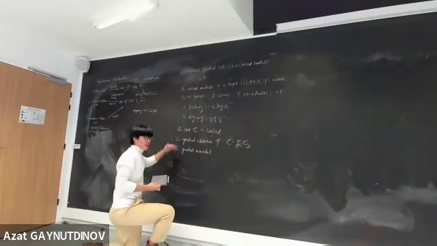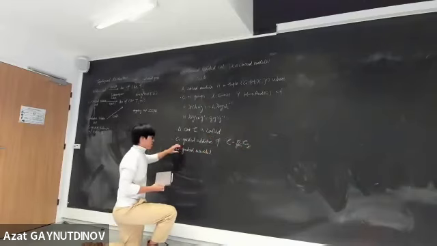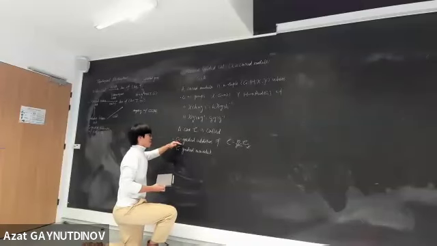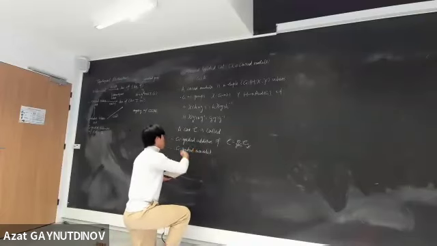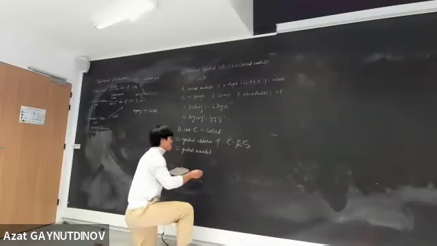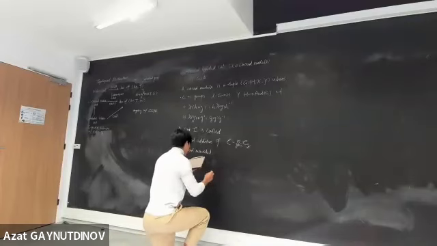So this is going to be a list of definitions. Each row below is the thing above with some more structure. So a G-graded monoidal category is a G-graded additive category together with a tensor product.